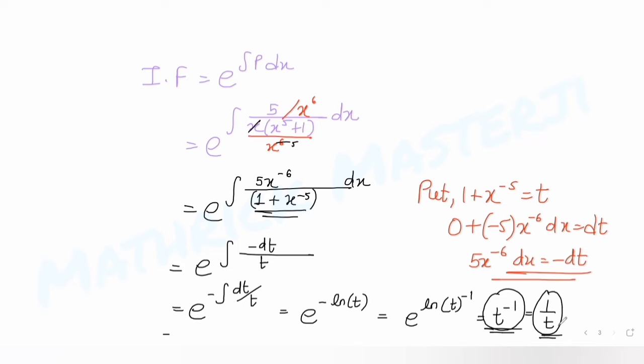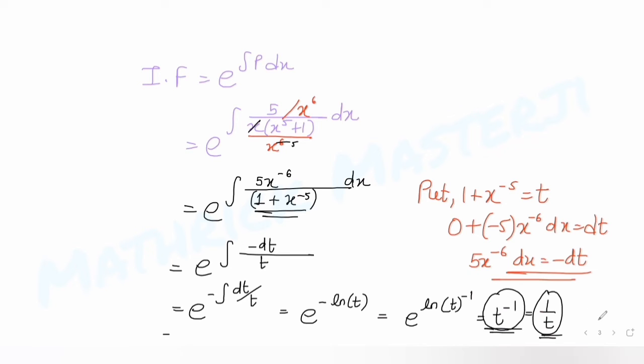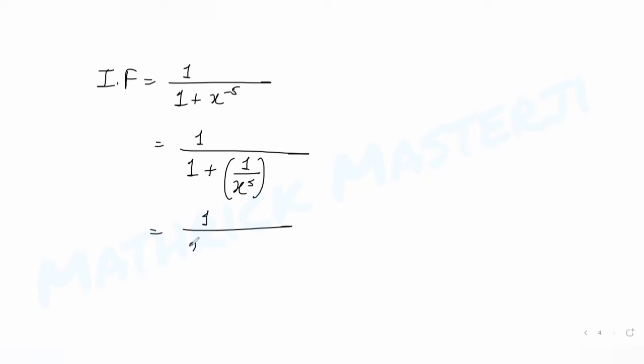So the integrating factor is 1 over t, which is 1 over 1 plus x to the power minus 5. I can write this as 1 over (1 plus 1 divided by x to the power 5), which gives x to the power 5 over x to the power 5 plus 1.